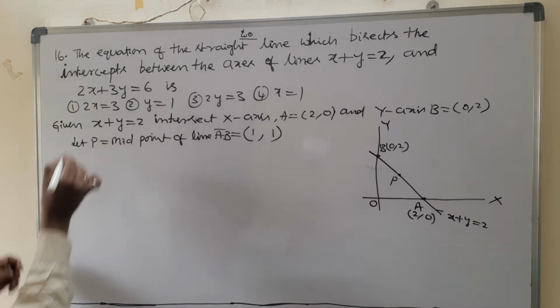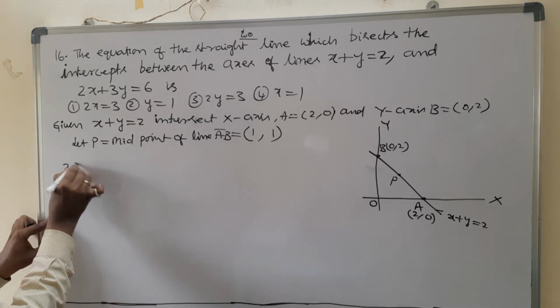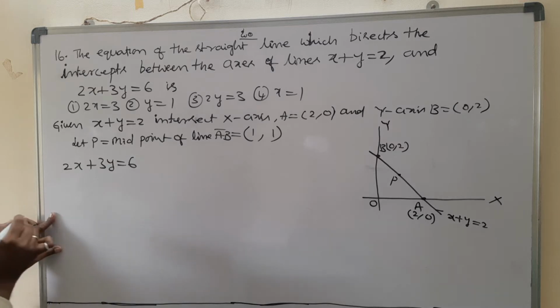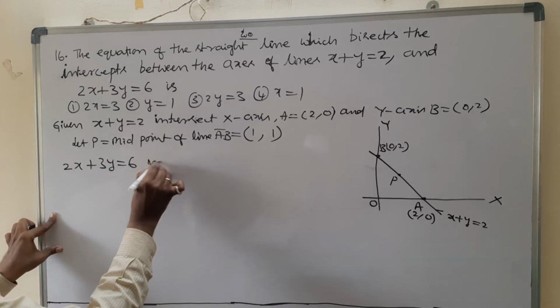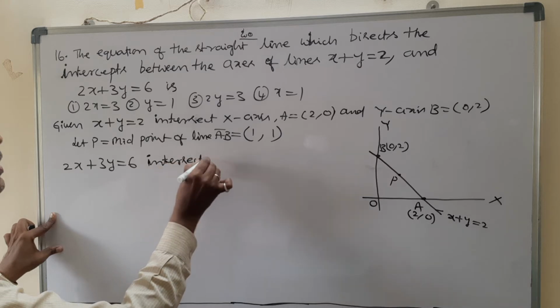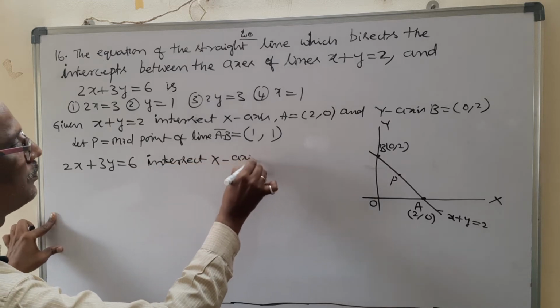Next, the second line 2x plus 3y equal to 6 intersects the x-axis.